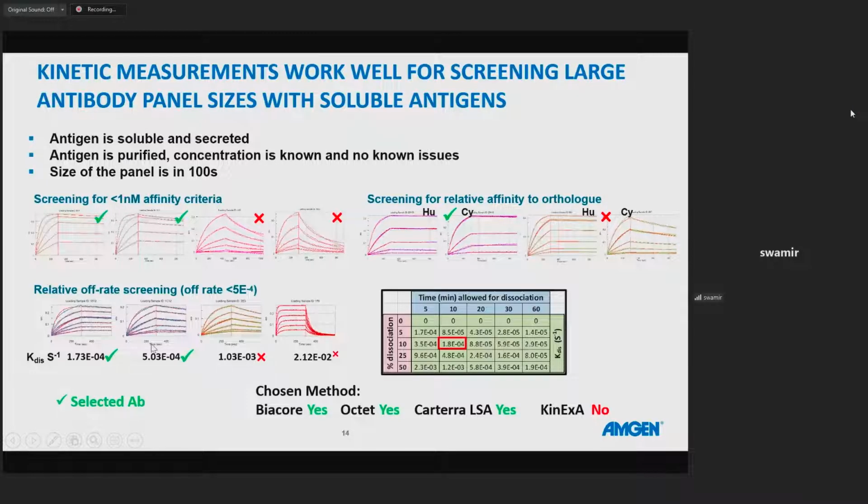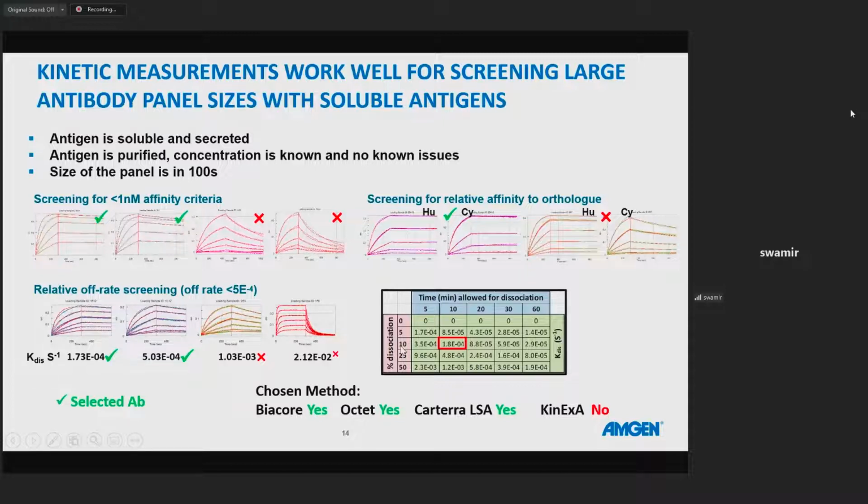If we are screening off-rates, say just screening out the fast dissociation molecules, then we could quickly screen for that, because generally we screen at 10 minutes dissociation.